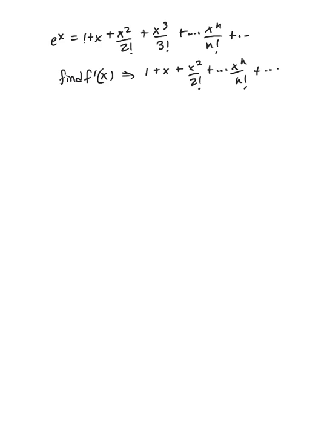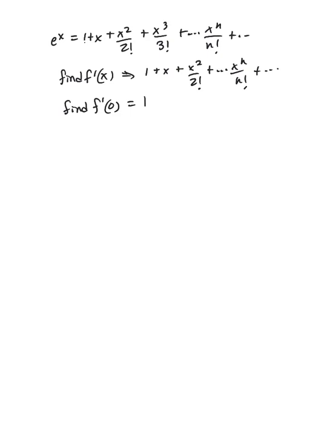Now, if you want to find f prime of 0, you would see that it's just 1, all right? Which makes sense because the derivative of f is e to the x and e to the 0 is 1.